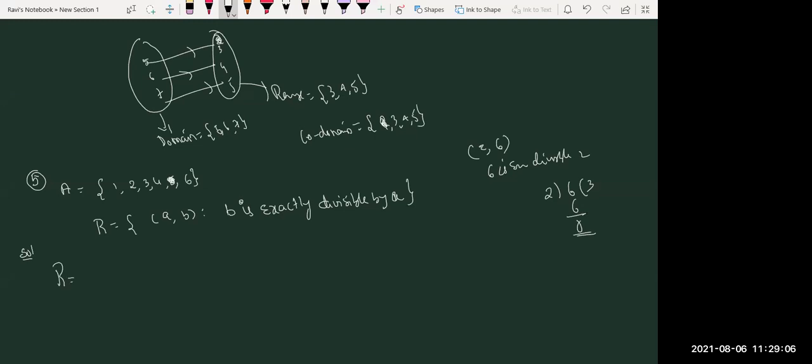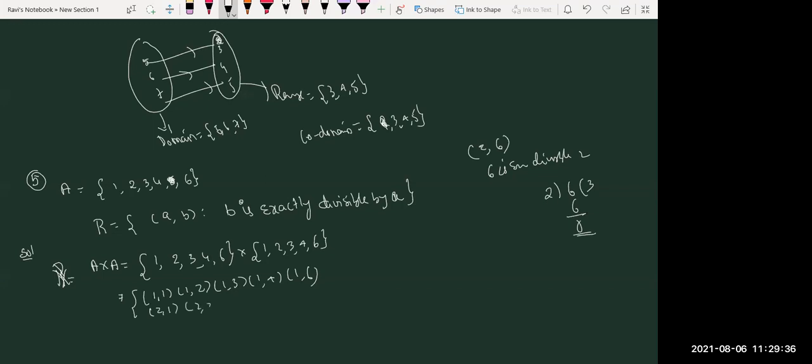Okay. First, for your understanding, I am finding all the Cartesian product. 1, 2, 3, 4, 6. Tell me the pairs we get: 1 comma 1, 1 comma 2, 1 comma 3, 1 comma 4, 1 comma 6, right? 2 comma 1, 2 comma 2, 2 comma 3, 2 comma 4, 2 comma 6.